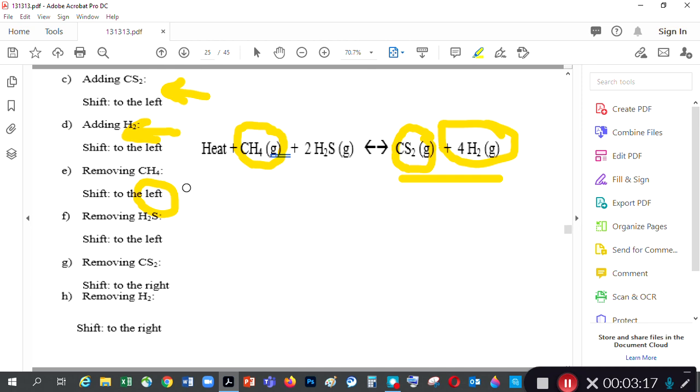And removing H2S, the same thing, if you remove H2S, the shift will be to the left. If you remove one of the products, the shift will be to the right. If you remove carbon disulfide or you remove the hydrogen, the shift will be to the right.